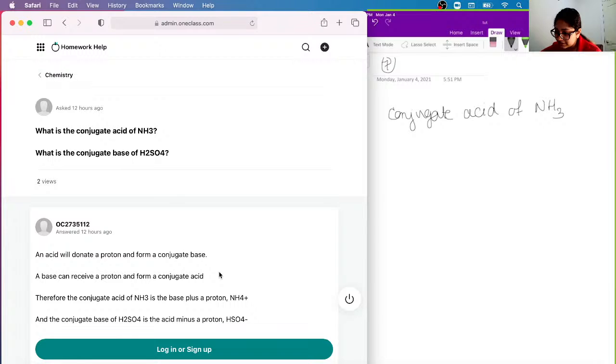So when you're talking about an acid, an acid will donate a proton, as in a hydrogen ion, and form a conjugate base.